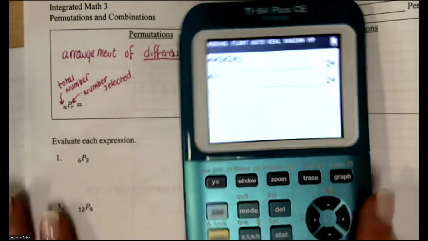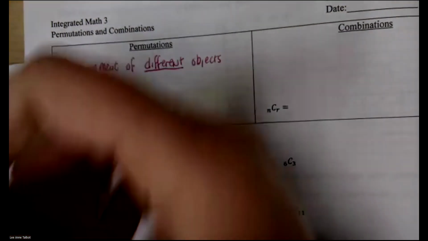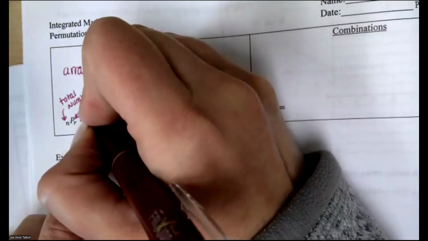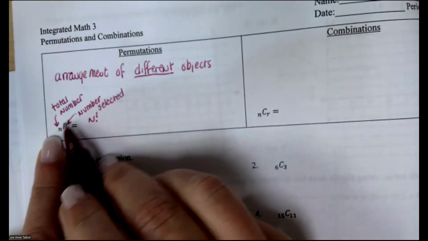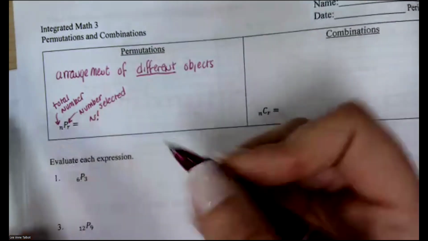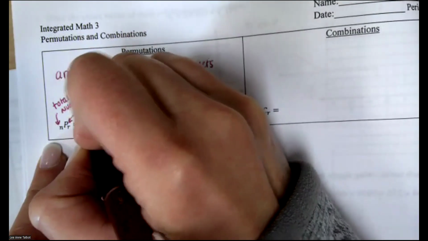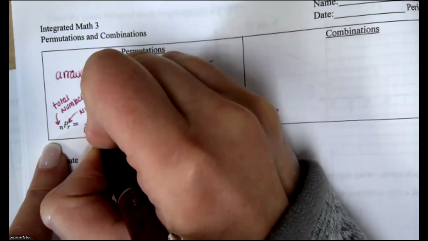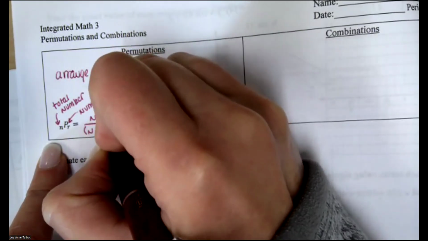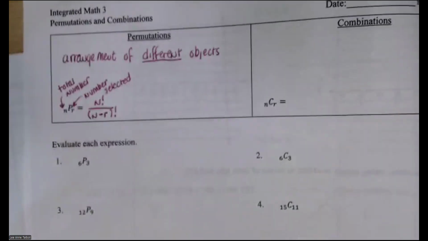So there's a formula for a permutation. The numerator is the total number of objects factorial, which is what we just did. And then the denominator is the number of objects minus the amount that you're selecting, factorial.